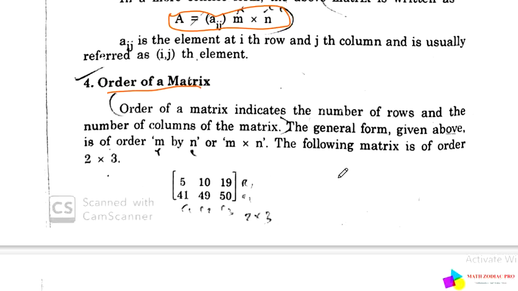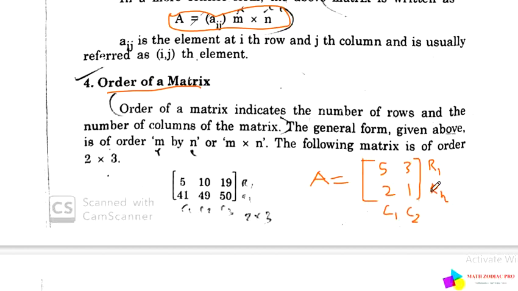Let me write an example. A equal to 5, 3, 2, 1. Order of matrix means, here this is row 1 and this is row 2, and this is C1 and C2.